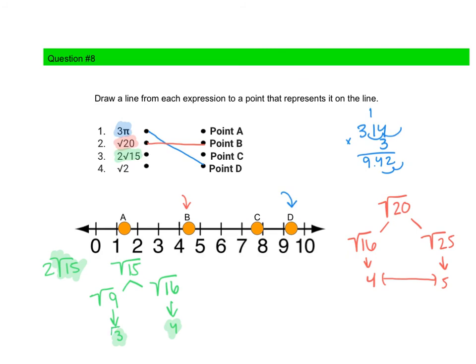The limit for my small side is 3, limit for my large side is 4. So it's going to be 2 times 3 for my small side, 6, and 2 times 4 for my large side, 8. So it's in between 6 and 8. Is there any point that falls in between 6 and 8? Yeah, point C.